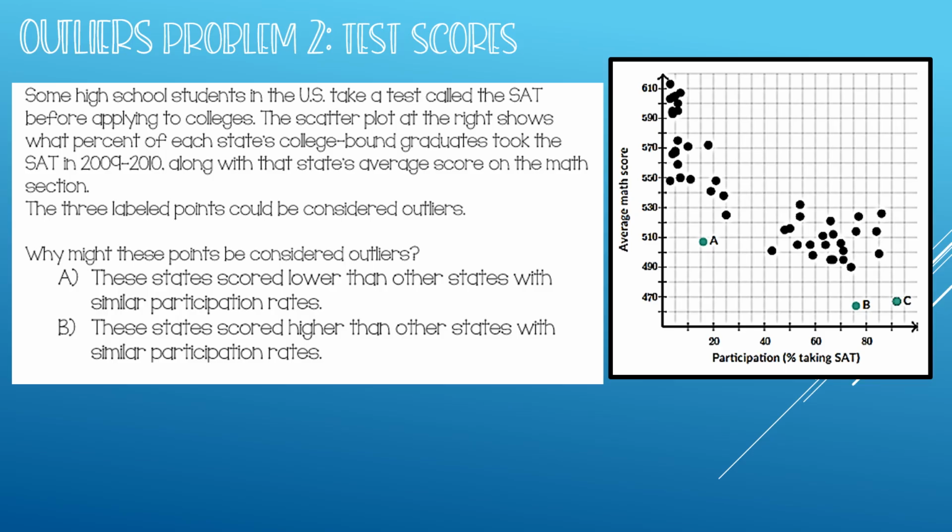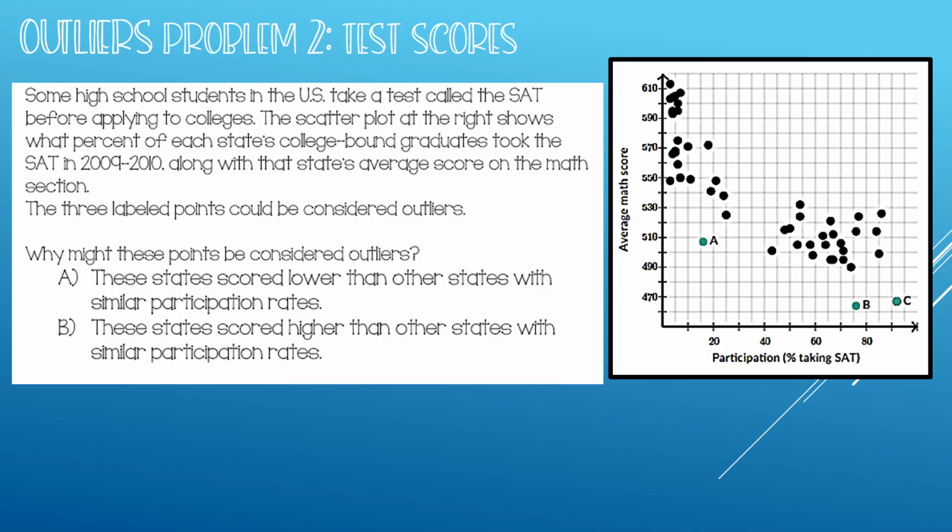Now, Michigan doesn't give the SAT very much, so the participation percentage would be lower, so they'd be over more on the right-hand side of those scatters.